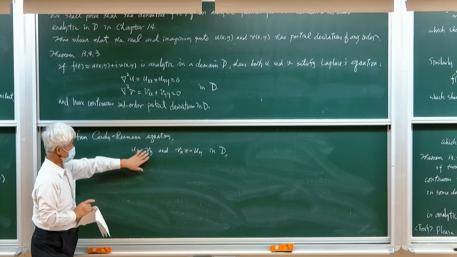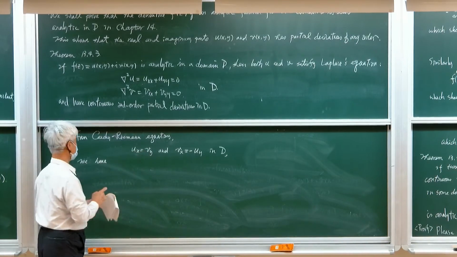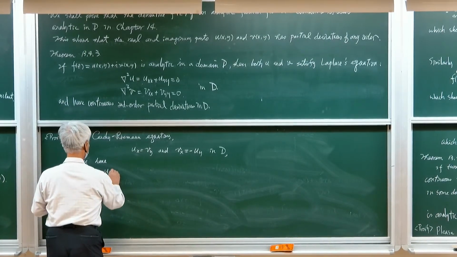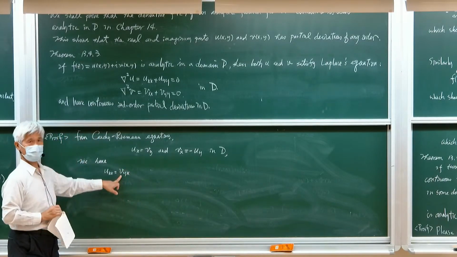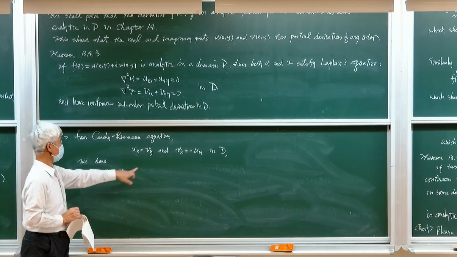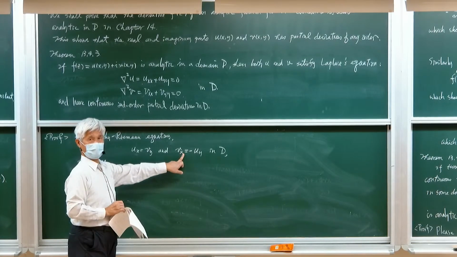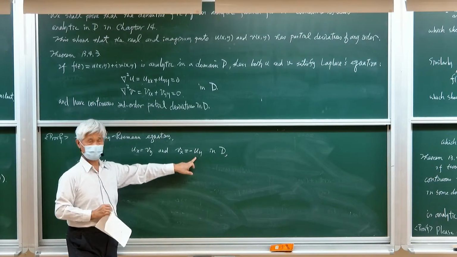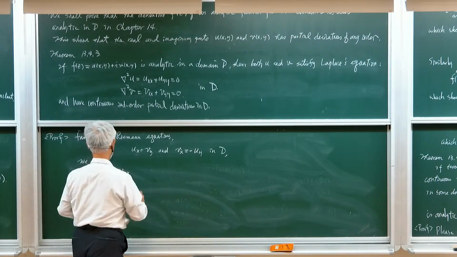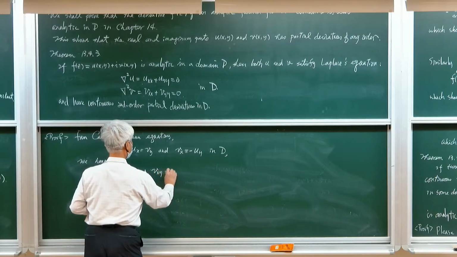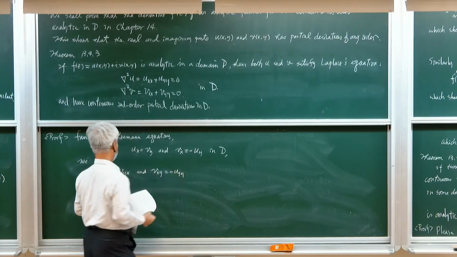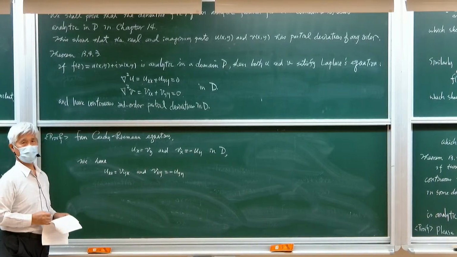When we take the partial derivative again with respect to x, we have u_xx equal to v_yx here. And here we take the partial derivative with respect to y, so v_xy equal to minus u_yy.